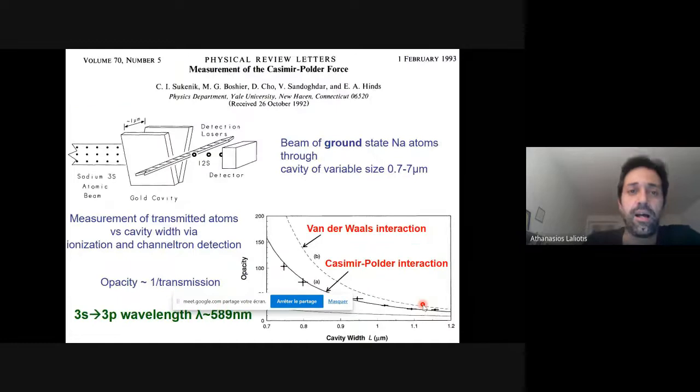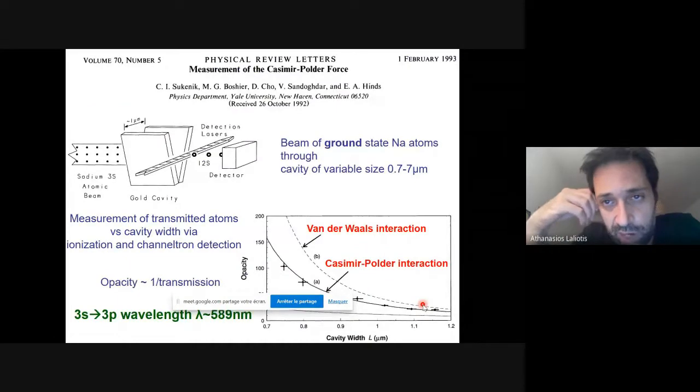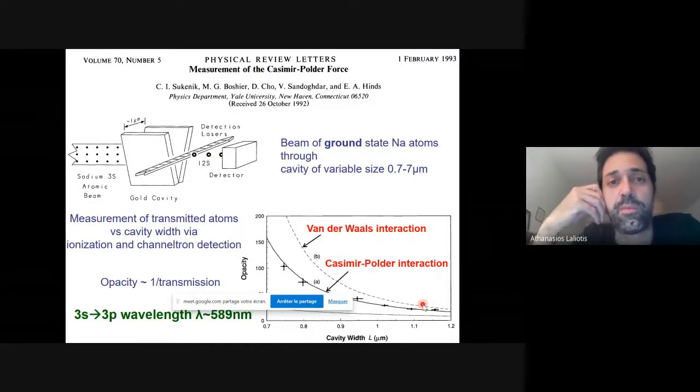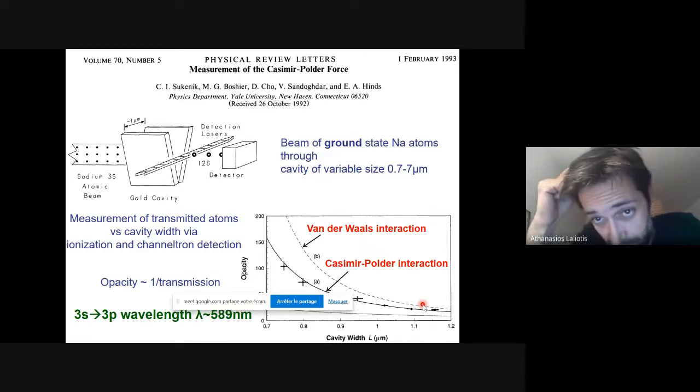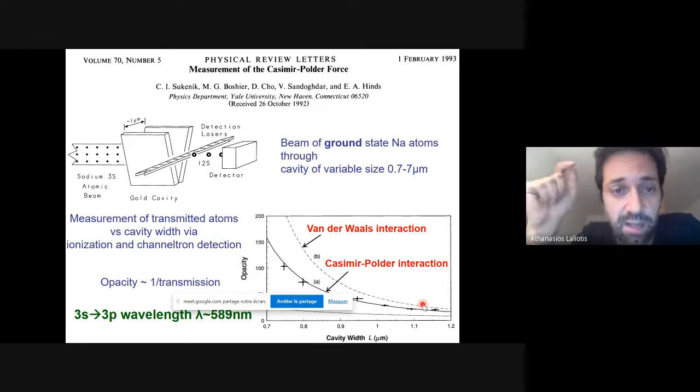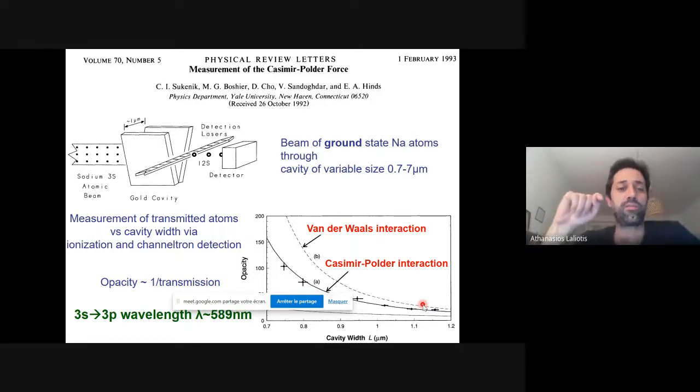Okay, some experiments, just to give you an idea of some experimental truths. So far it was theory, but then this aspect of the atom surface interaction was demonstrated in an experiment in 1992, performed in the Yale group by Ed Hinds and colleagues.